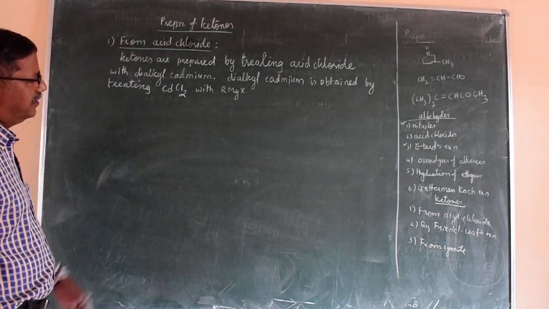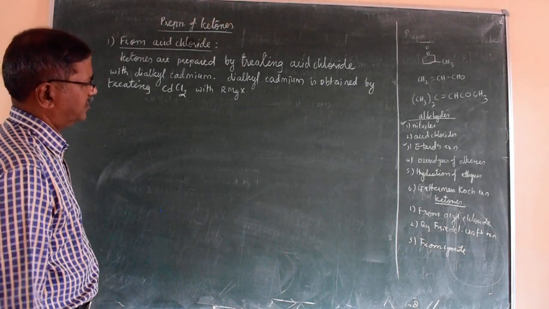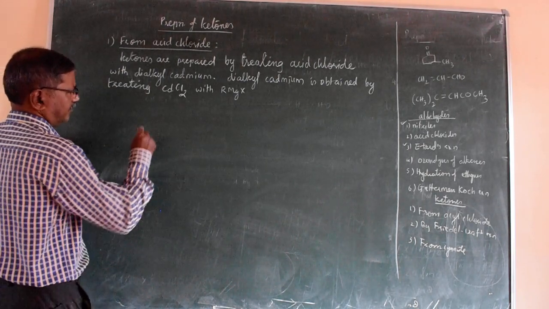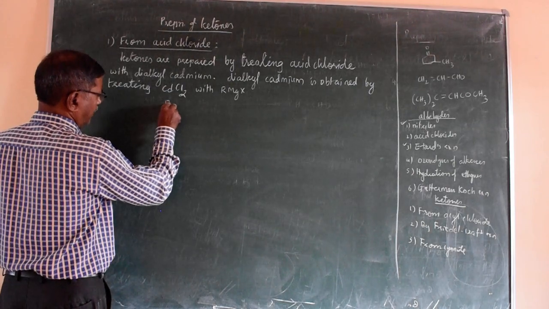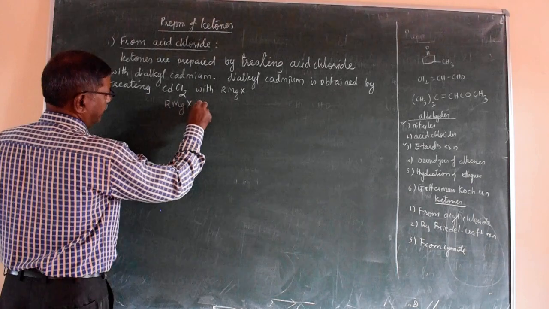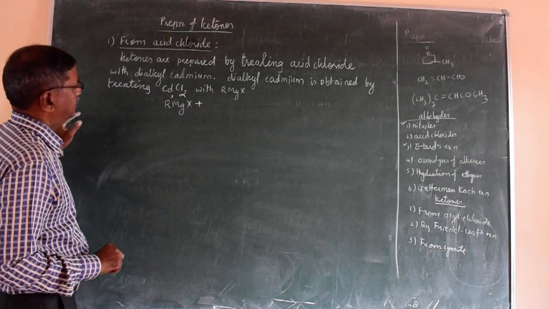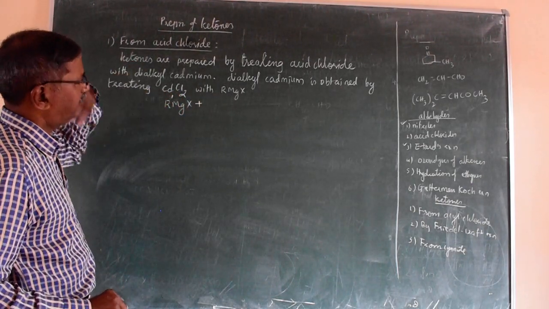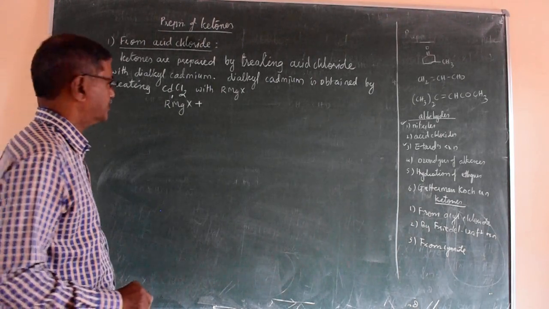So first I am writing how that dialkyl cadmium is obtained from Grignard reagent. We know RMgX is the Grignard reagent, treated with, I am writing R because you have to use the acid chloride, for that I am writing RCOCl.